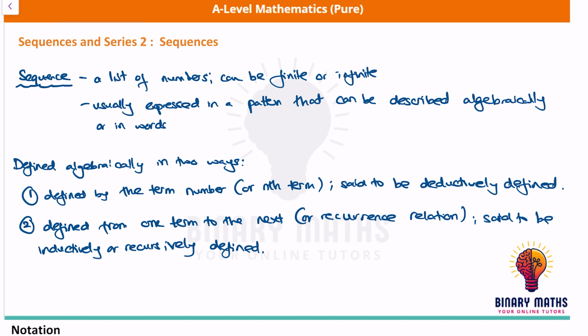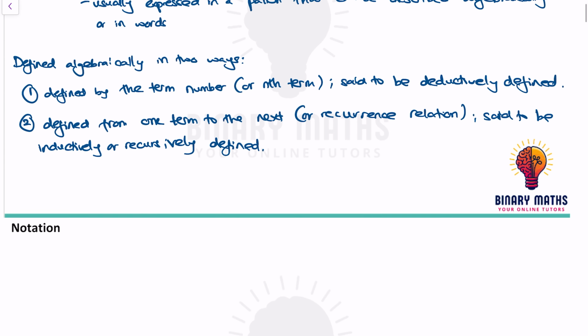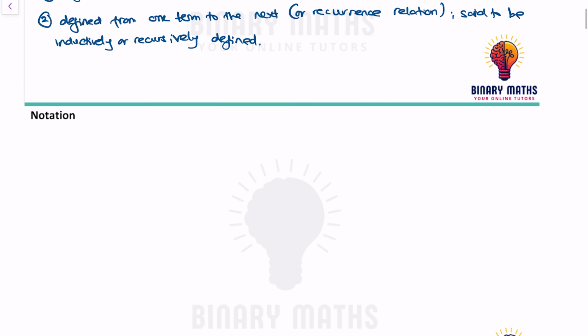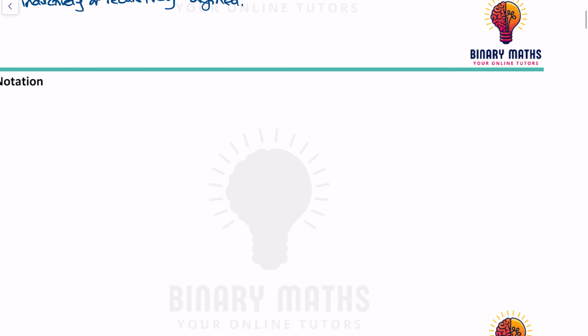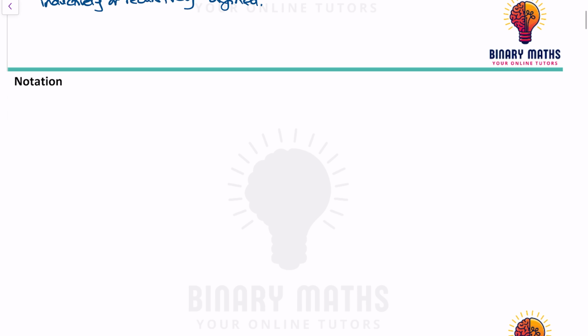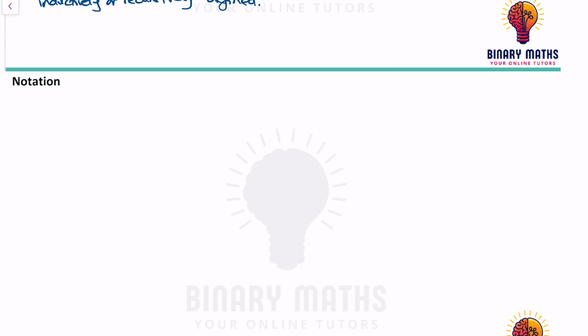Okay, so let's look at notation, so you see how we annotate sequences. The first thing is U_n. U_n is basically the nth term of a sequence.